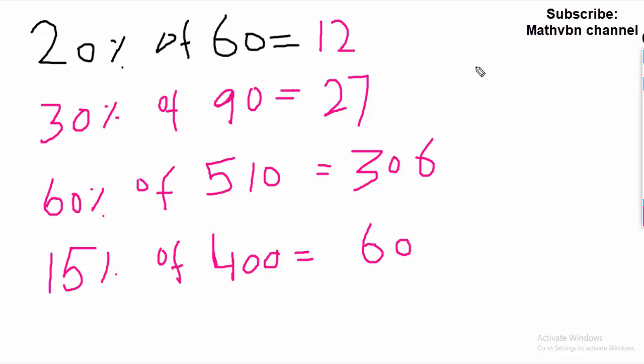Now let me show you how I find these values. Very simple formula. Let's look one by one. Firstly, 20% of 60 means to say 20%.